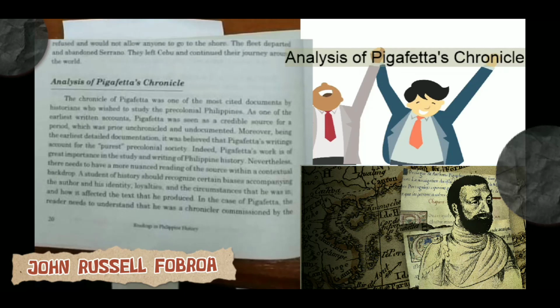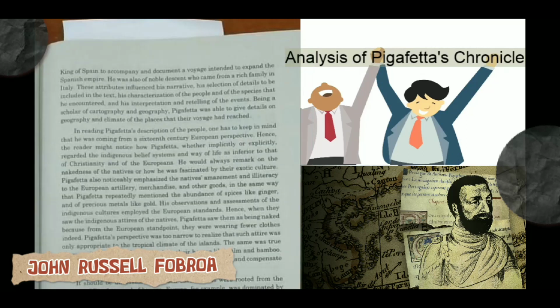In the case of Pigafetta, the reader needs to understand that he was a chronicler commissioned by the King of Spain to accompany and document a voyage intended to expand the Spanish Empire. He was also of noble descent who came from a rich family in Italy.